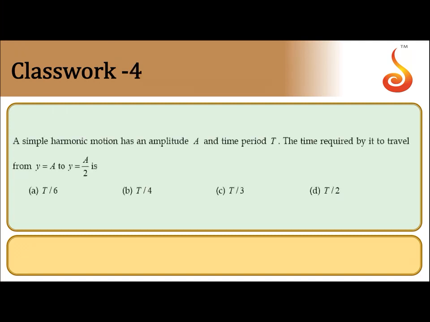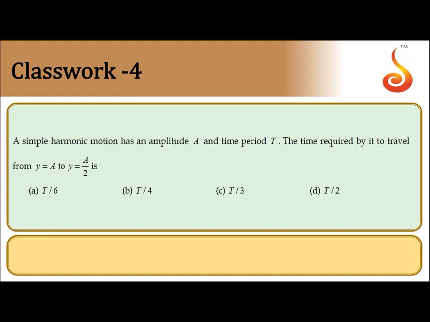A simple harmonic motion has an amplitude A and time period T. Time required by it to travel from y is equal to a to y is equal to a by 2 is. So we are considering it to be traveling from y is equal to a to y is equal to a by 2.